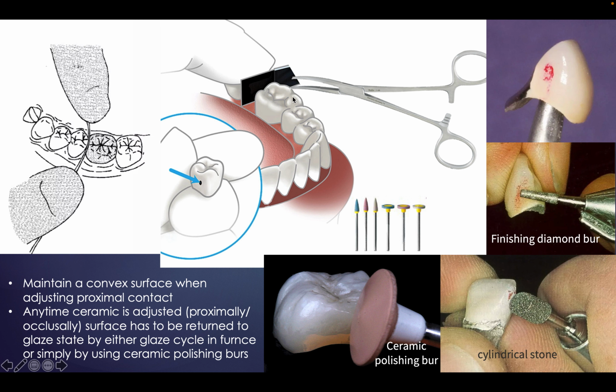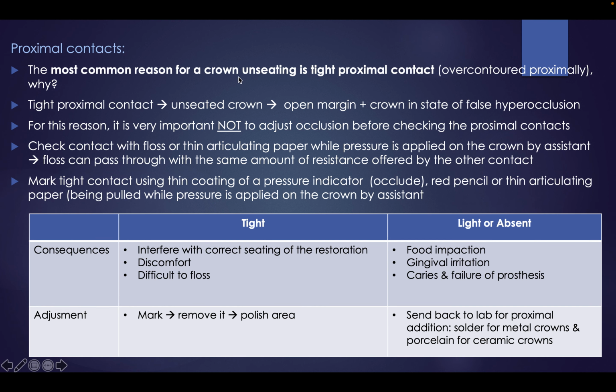This is the crown, so it's wider on the side, and it is bigger on the side such that it prevents seating. That's the reason why, if you have a crown that is not seating well, or you have an open contact, the most common reason is tight proximal contact, so over-contoured proximally, and it's too tight proximally so that it doesn't seat.